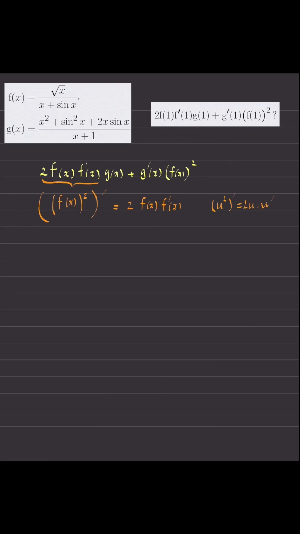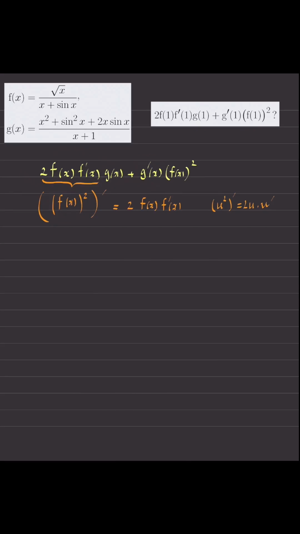So this part is the derivative of this function multiplied by g of x itself plus the derivative of g of x multiplied by this function itself. So it is also a product rule. Okay, so this scratch paper work is done.